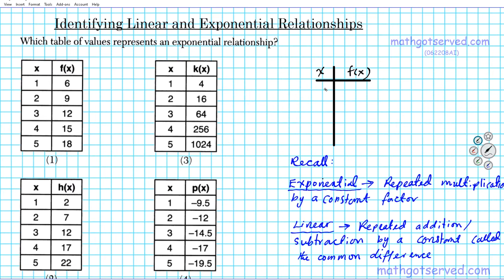All right, so let's say you have inputs 1, 2, 3, 4. Okay, and the first output is x. All right, and in an exponential relationship, you're going to have to multiply by a constant factor all the time to generate the output terms. So let's say the constant factor here is x.